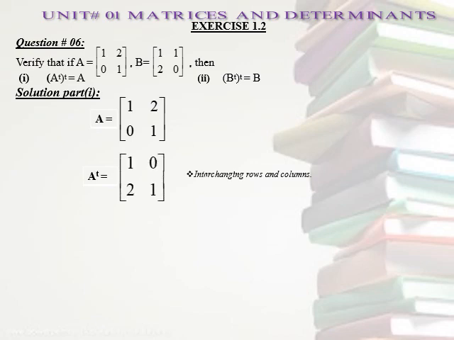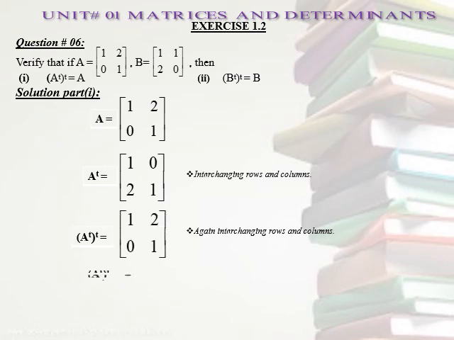This is the transpose of matrix A. According to the condition, I have to take the transpose again by again interchanging rows and columns. By taking the transpose again, I have got this matrix. See, this matrix is equal to matrix A. So, this equation is true.